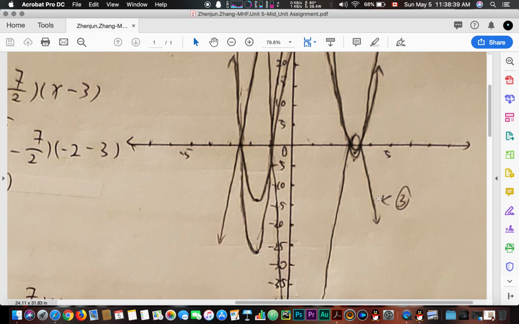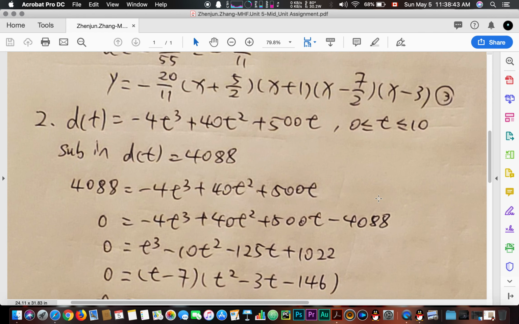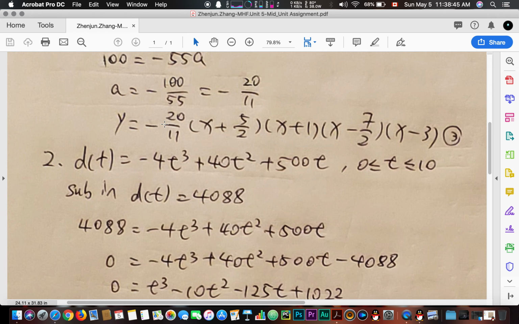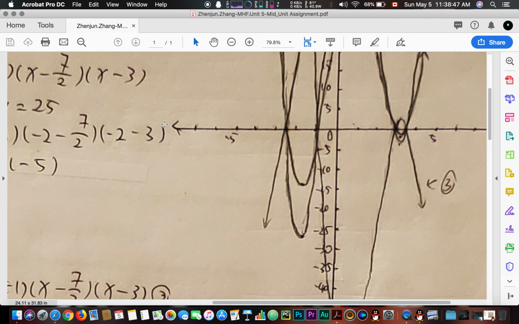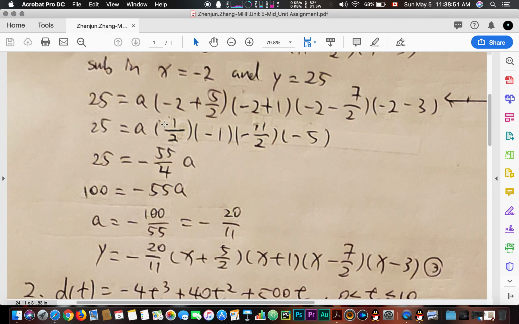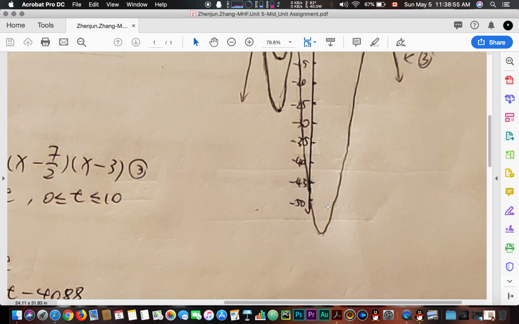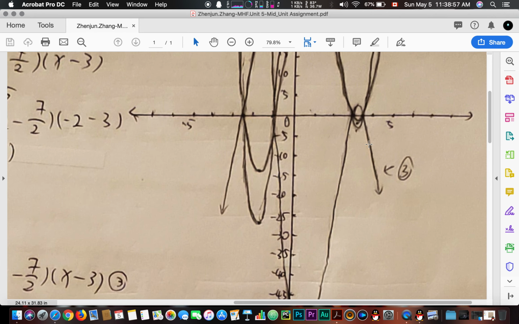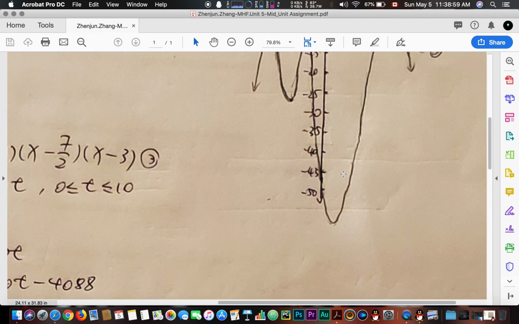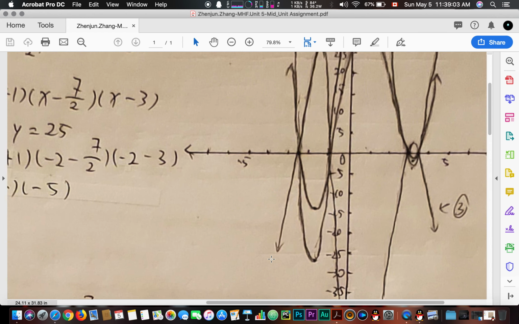So what that does is, first of all, look at this. We have our negative sign, so it has to be reflected in the x-axis, and then we do that. We plot the points here, so that goes down and up, and then we go down again.